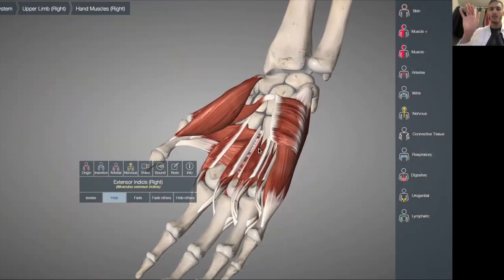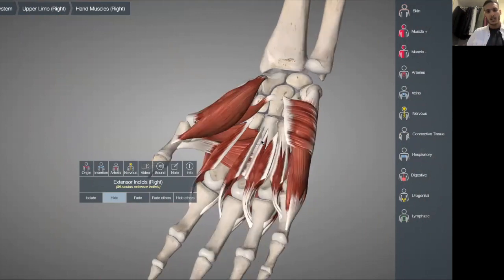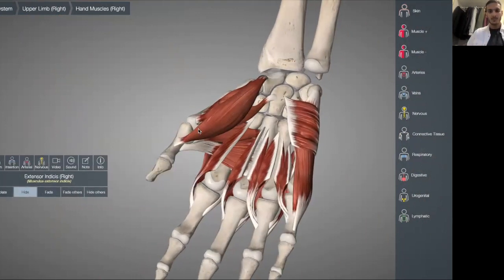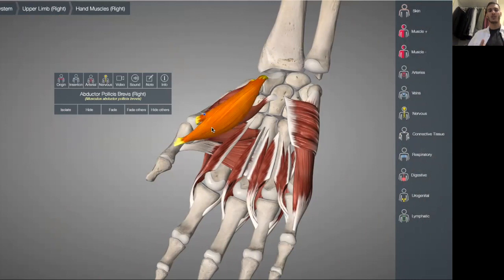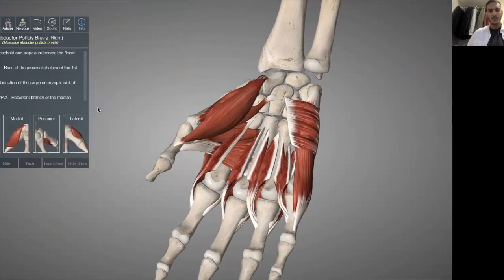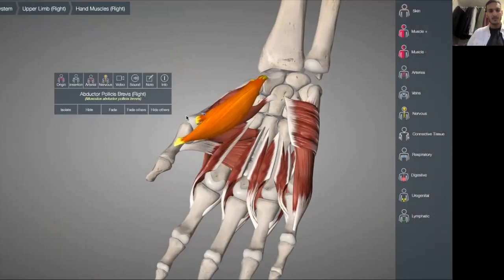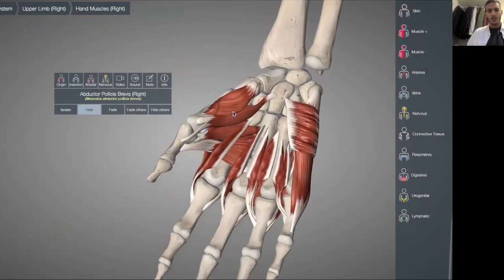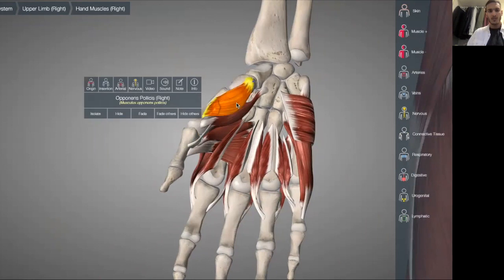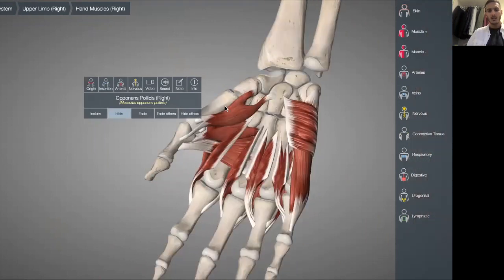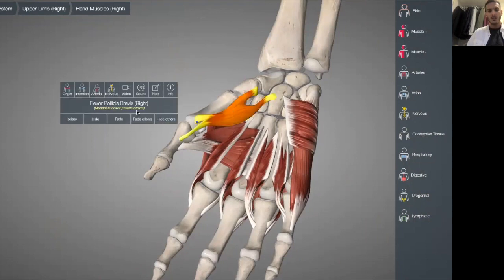Near the thumb, in this region where you see a bulge, there are two bulges here, and we're going to dive into those two bulges first. The bulge near the thumb, the first most superficial one, is the abductor pollicis brevis. Hide. We have opponens pollicis. We have flexor pollicis brevis.